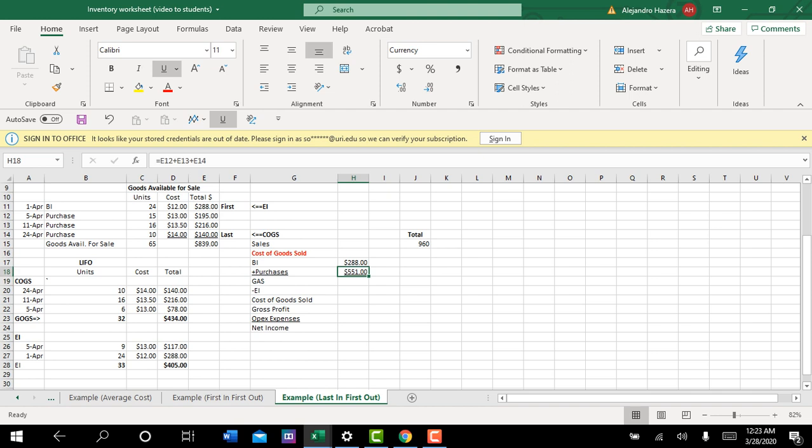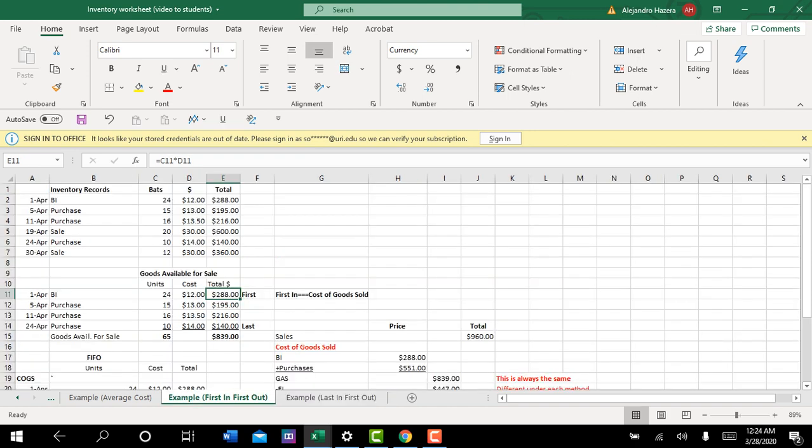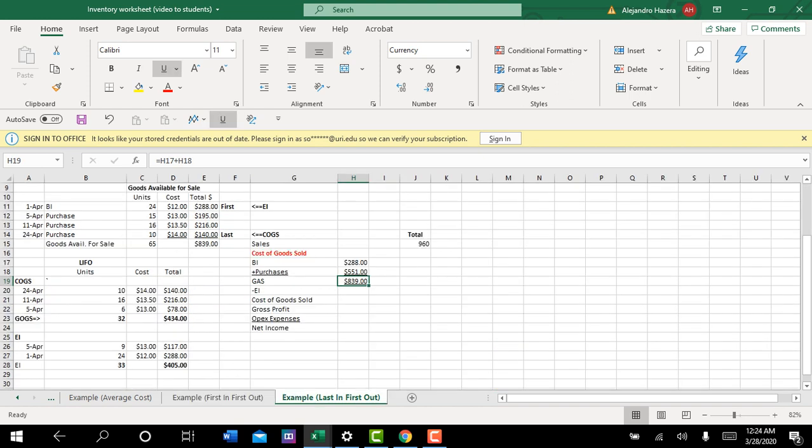Okay, now I go back to the same point that I've been trying to make before. Let's see if we can get these income statements lined up too. Okay, so we'll go back. I want to emphasize that under all 3 of these methods, the goods available for sale is $839. There's $839 for LIFO.